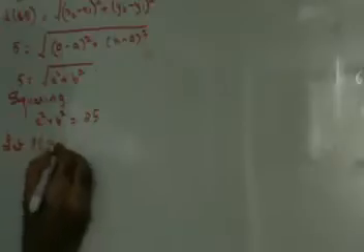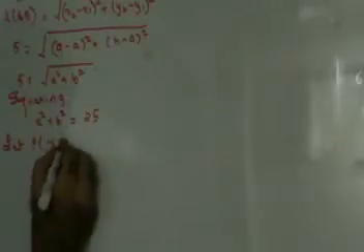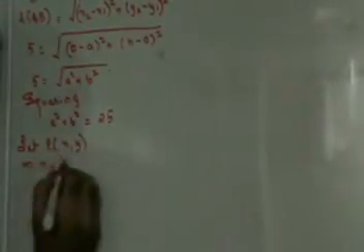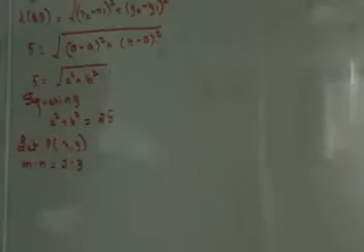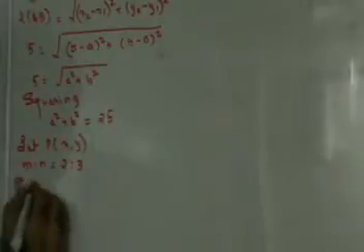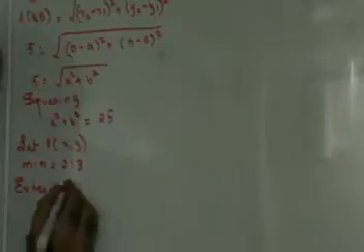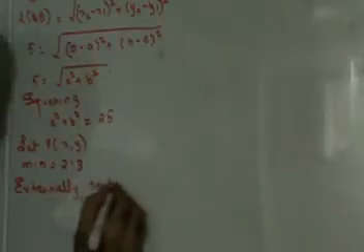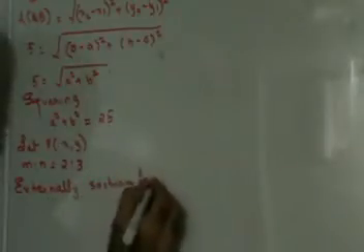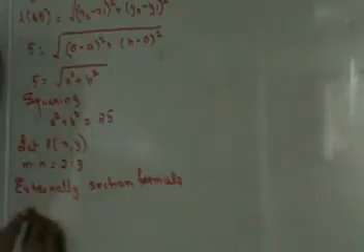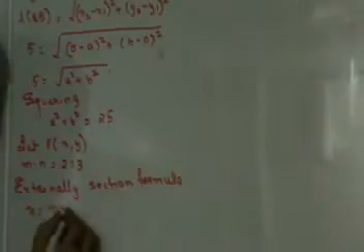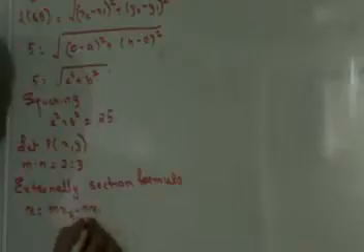Now, let's assume that the coordinates of P are x comma y. They have given you that the ratio in which P divides AB is 2:3. It divides externally, therefore I can use the external section formula. If I use external section formula, I can say x is equal to m x2 minus n x1 upon m minus n.